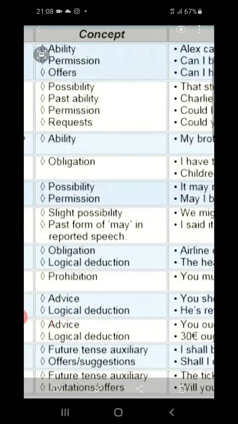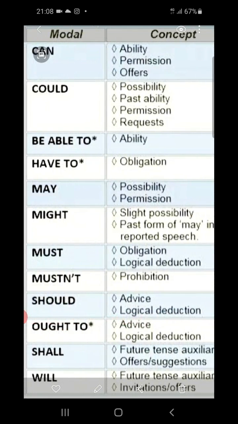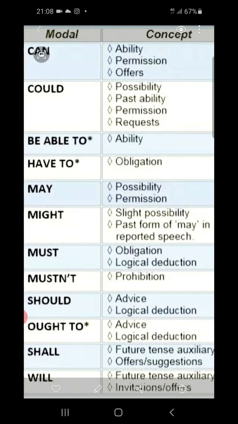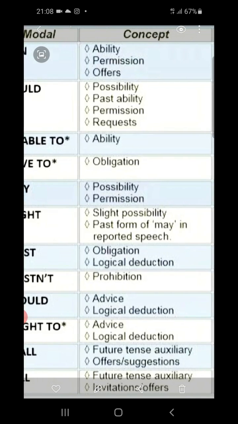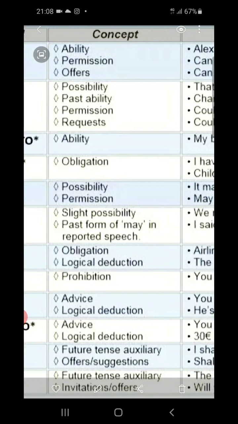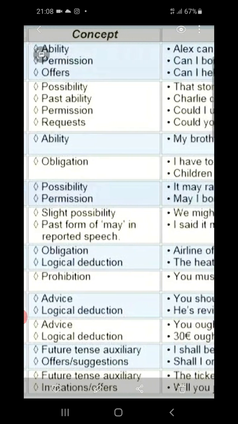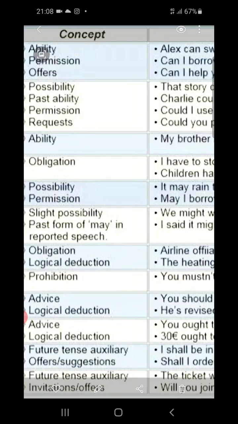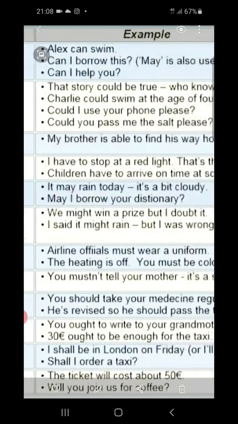Next, shall. To express future tense auxiliary, then to express offers or suggestions.